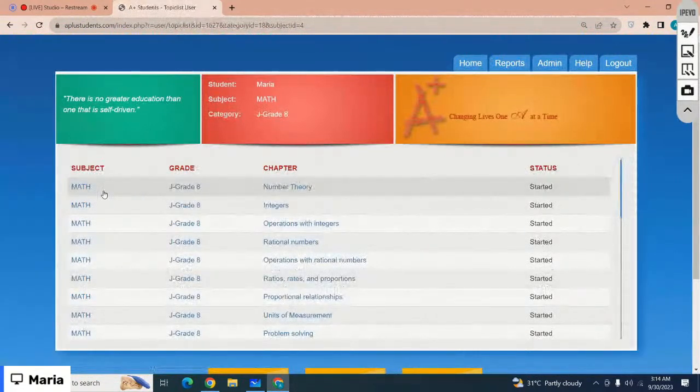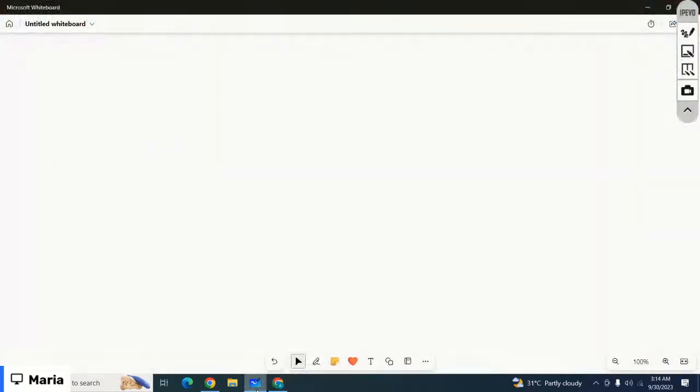The numbers that are not rational are the irrational numbers. You cannot write irrational numbers in the form a by b, right? Examples of irrational numbers are square root 3 and square root 5. The numbers that cannot be written in the form a by b are the irrational numbers, right?